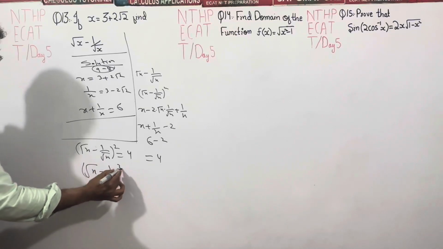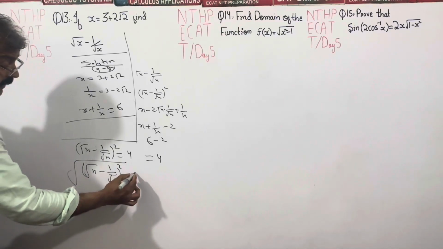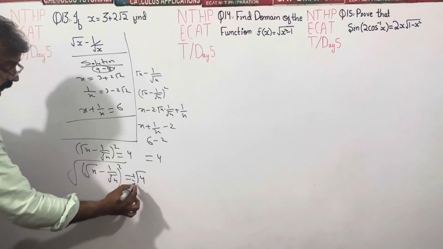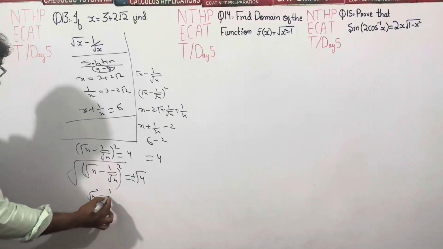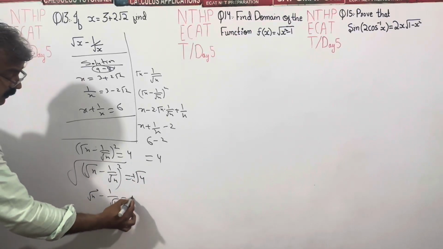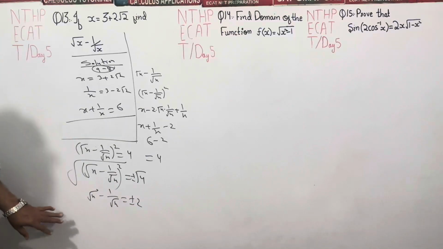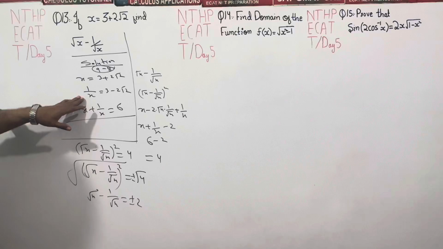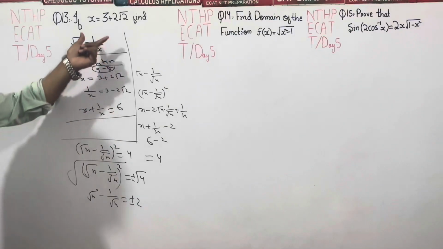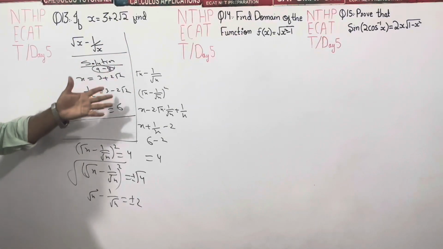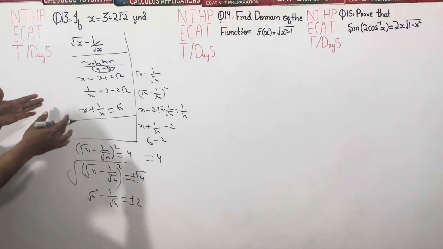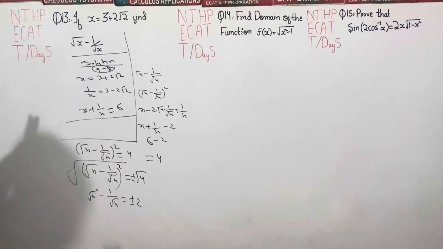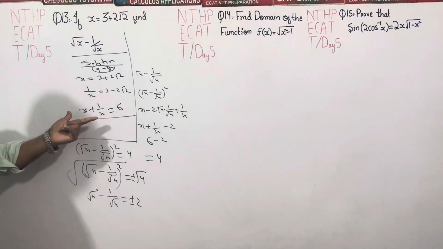This question is solved in a retrospective fashion. So root x minus 1 over root x is equal to plus minus 2. That's our answer. For 1 over x, you can directly rationalize the denominator, keeping in mind that the square difference must be 1. If not, then you have to rationalize by the orthodox method. That gives the value of x plus 1 over x.